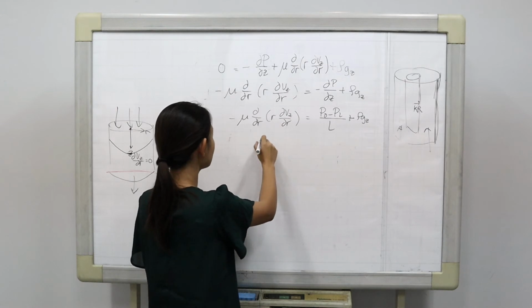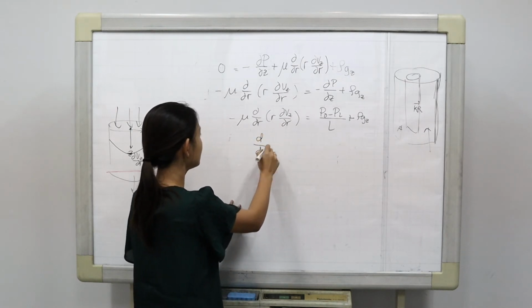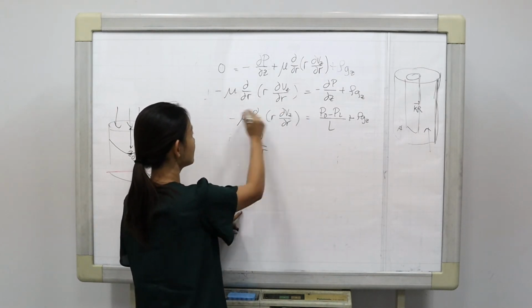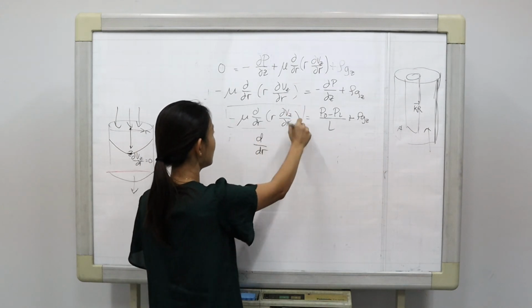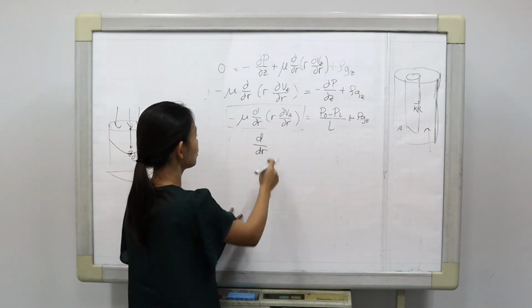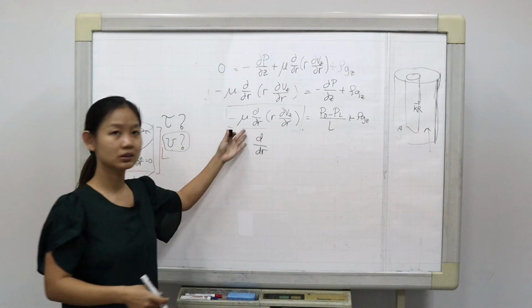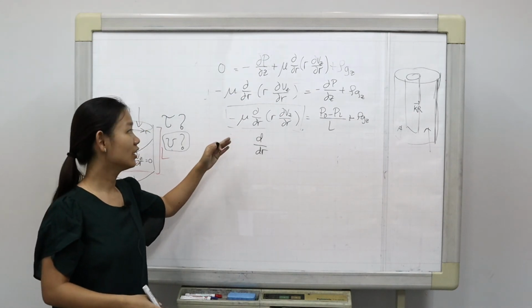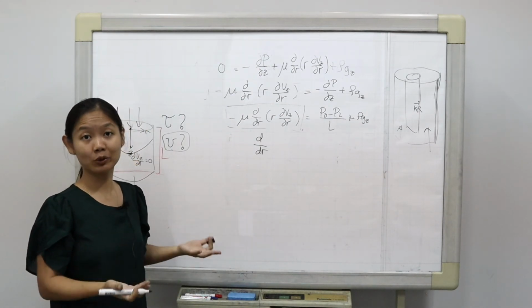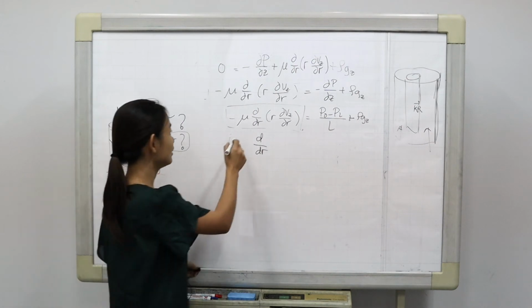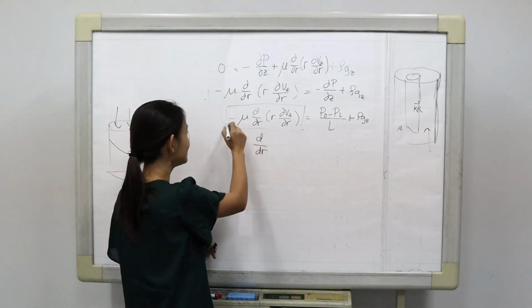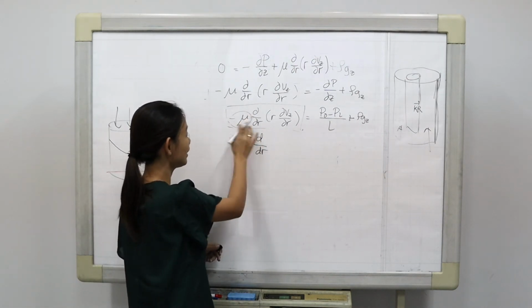Now if we have something complex like this, a very complicated equation, to solve such equations we need to be patient. Do it one by one, just like when you peel an onion. So first thing, move the minus mu over there.